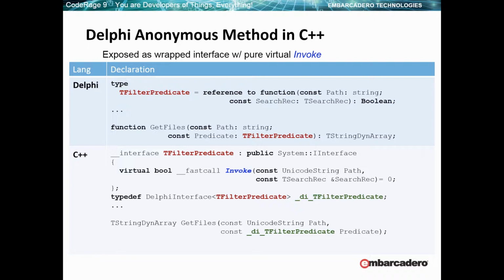And so behind the scenes, it's basically creating the class, putting all your code inside of a member called Invoke, and then passing it to the receiver, to the parameter, the API that expects the anonymous method. And then that API uses the interface to call Invoke. And then when it's done, because of the way interfaces work, the ref count goes back down to 0, the class is deleted. Now, why is there a class? There's a class so that it can capture.